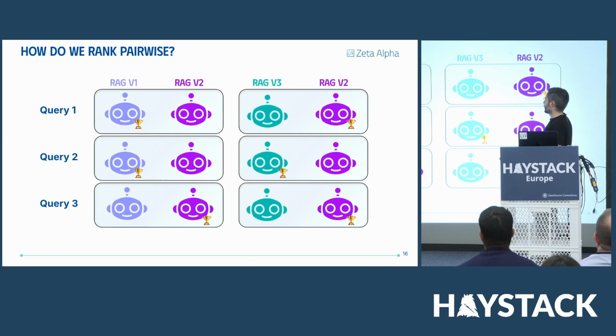So now you have a situation where you play, let's say, V3 against V2, and then, of course, V2 sometimes wins, V3 sometimes wins. So how can we create a rank from this, right? Because before it was kind of simple. The one who has the highest average is the best model or the best system. But in this case, it's a bit more complicated, right?